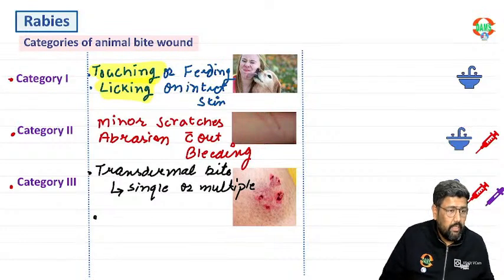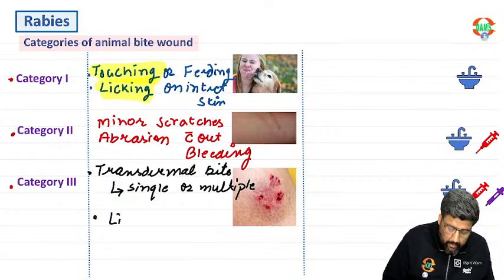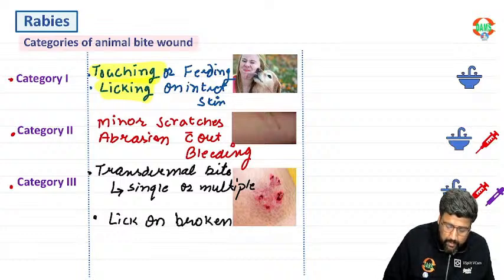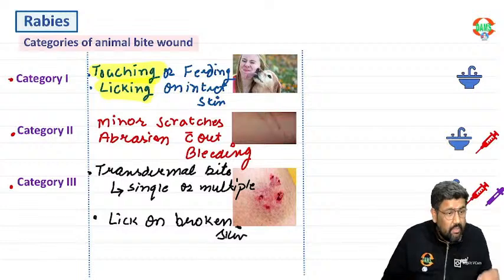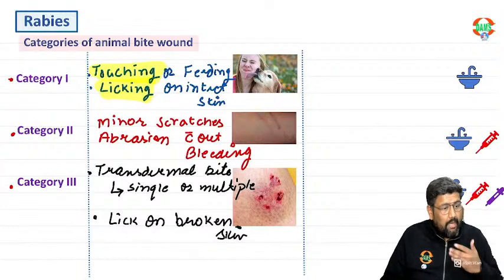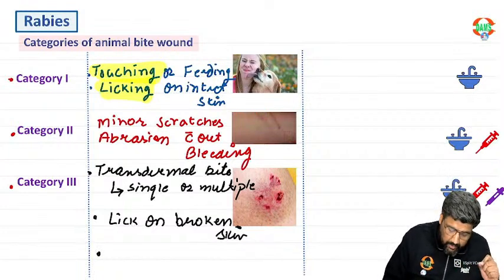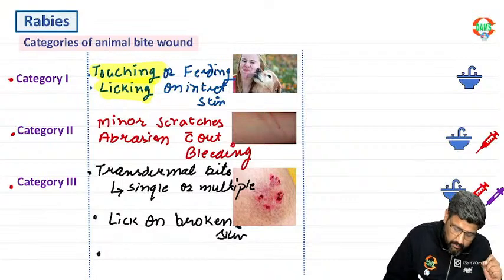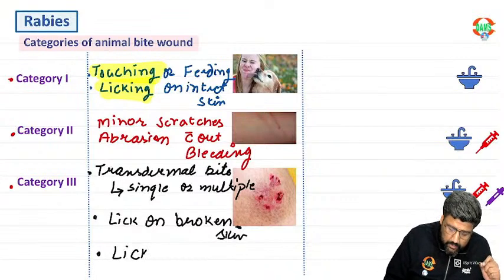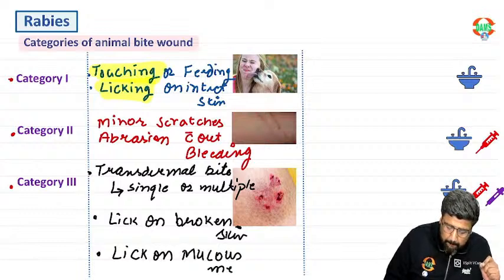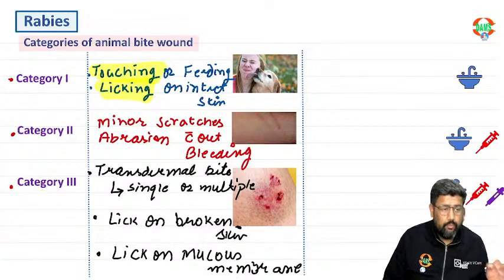This is category 3: a lick on broken skin. And a lick on mucous membrane is also category 3. So these are category 1, 2 and 3.